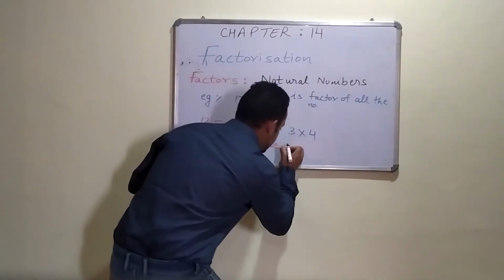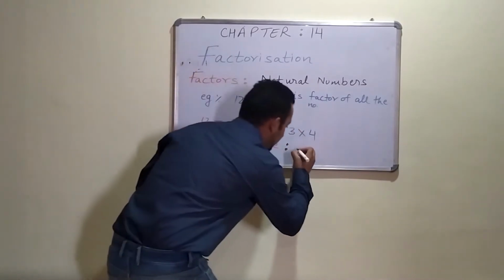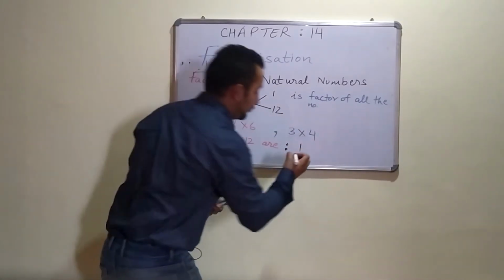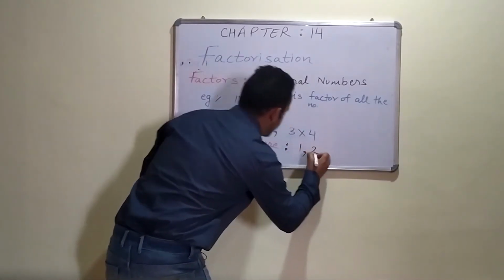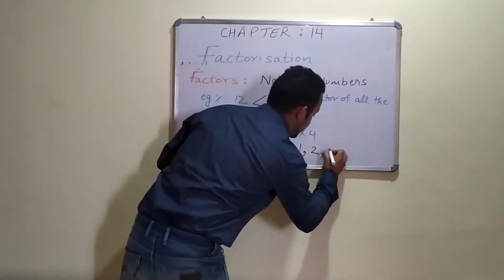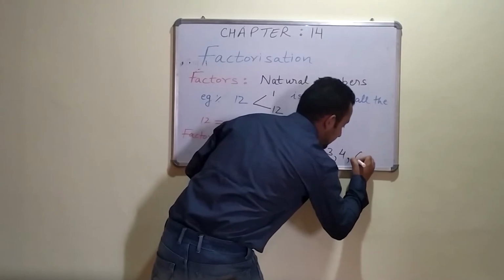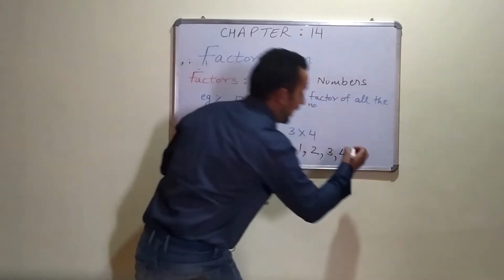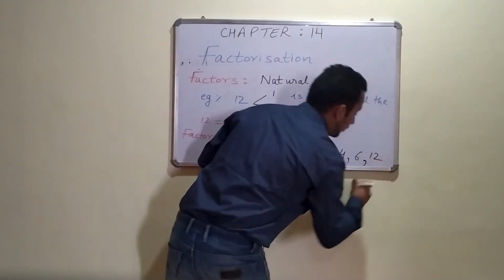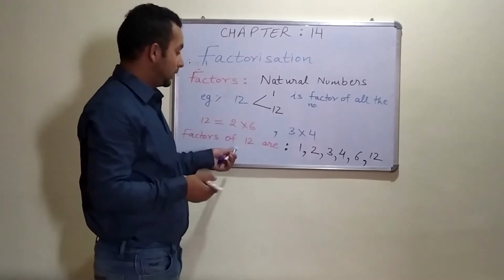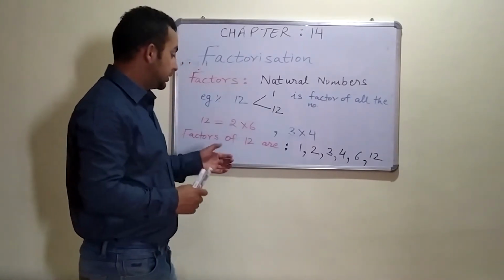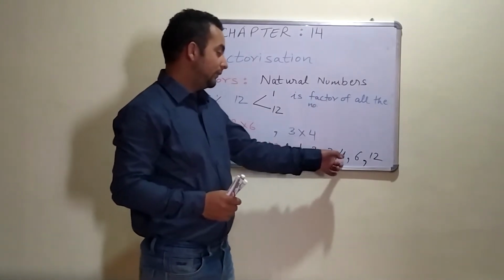Now we are going to write all these factors one by one. Number 1 is a factor of 12. Number 2 is a factor of 12. Number 3 is a factor of 12. Number 4 is a factor of 12. Number 6 is a factor of 12. And number 12 is also a factor of number 12 itself. So 1, 2, 3, 4, 6, 12.